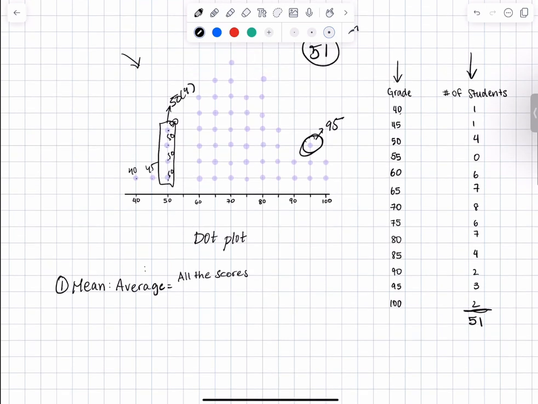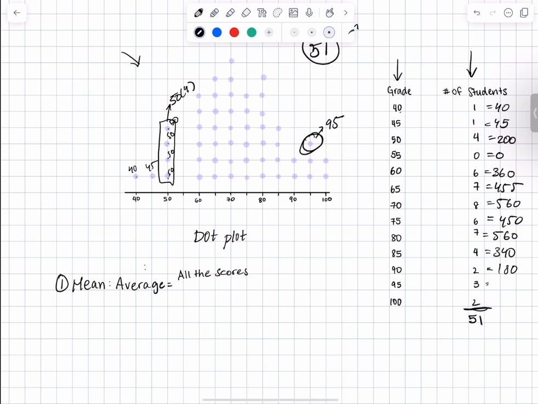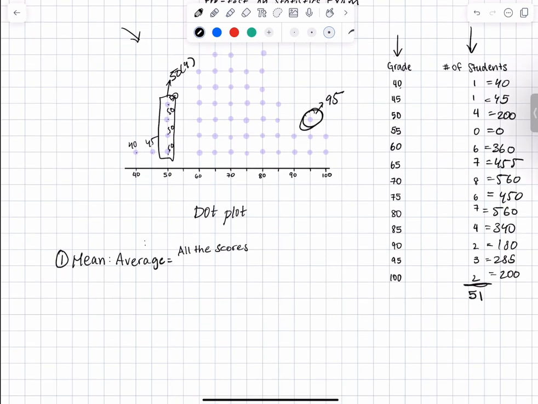And you can do that for each grade. So let's do that right now. Okay, so we have all the scores here for each individual grade added up.